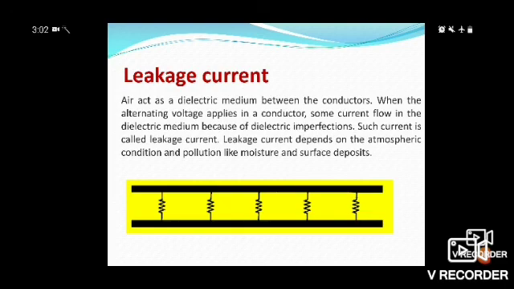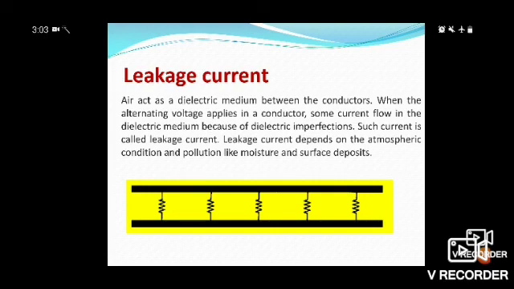Because of the dielectric imperfections, that means it is not a perfect dielectric material, such current is called leakage current. This leakage current depends on the atmospheric conditions.